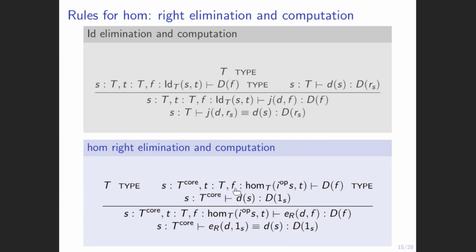So we have a homomorphism that's not between any two arbitrary terms, but between one which is coming from the core here, and then an arbitrary term.